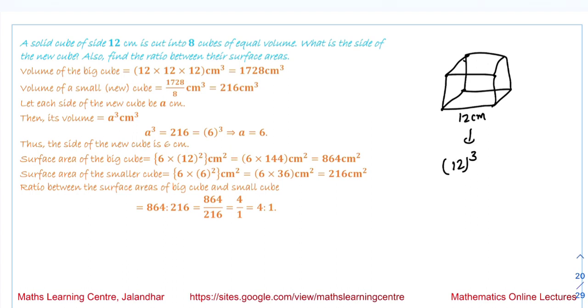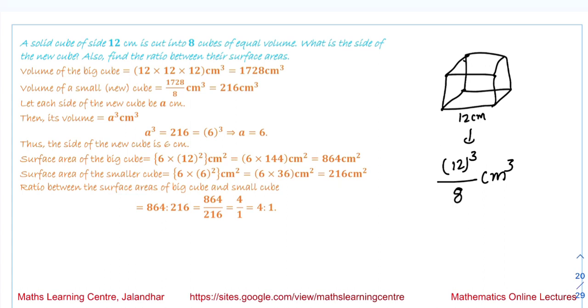You know that the volume of the cube is a cube, where a is the side, and it has to be cut into 8 cubes of equal volumes. So cutting into 8 cubes means that the volume of the individual small cube is 12 cube by 8 centimeter cube.